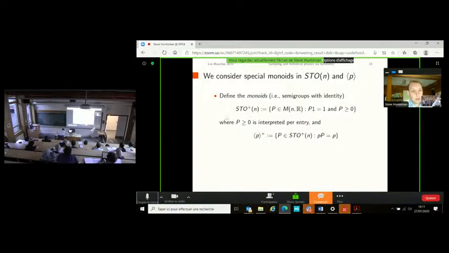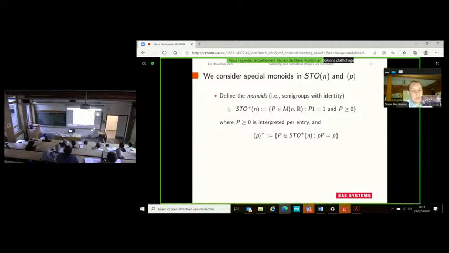And so towards that end, we're going to take, again, a slight detour. We're going to talk about monoids instead of groups per se. So here we're going to look at all the transition matrices that fix the vector of ones and that are non-negative. And we're going to do the same sort of thing for this angle brackets of P. So this is really where we want to live.